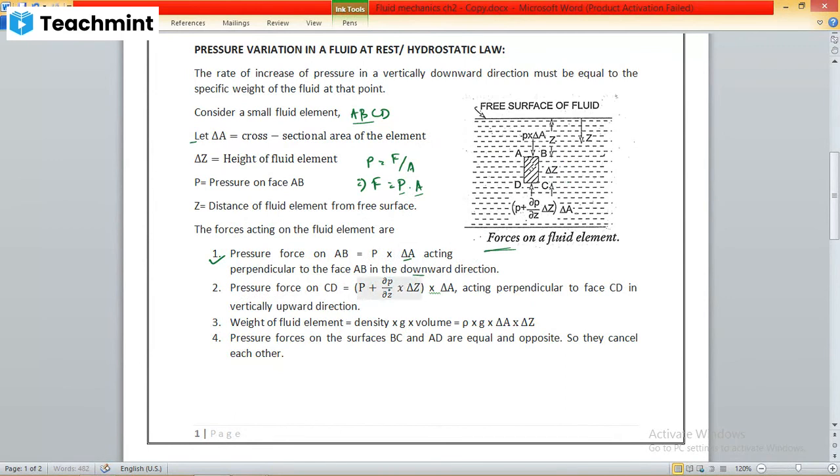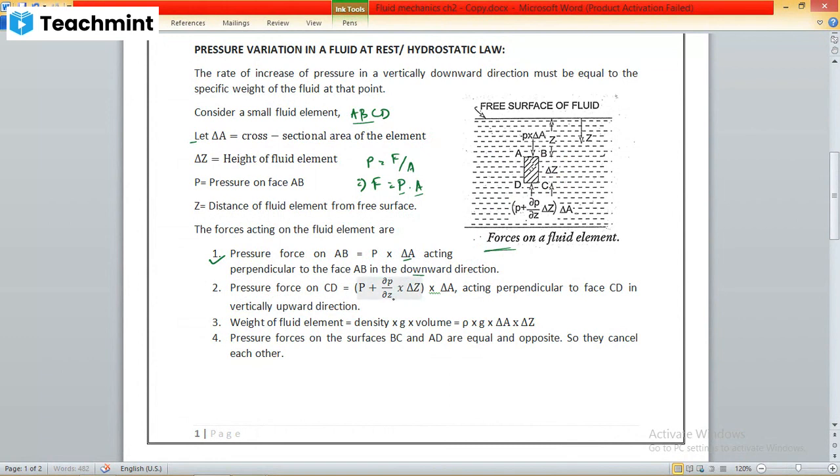That is the variation of pressure with respect to Z, into del Z. This del Z is your height. As the height is varied by del Z, that is why we have multiplied by del Z.